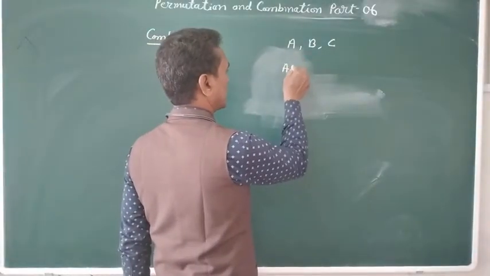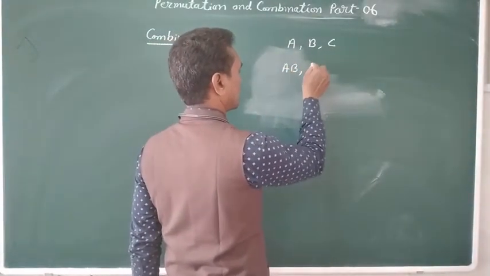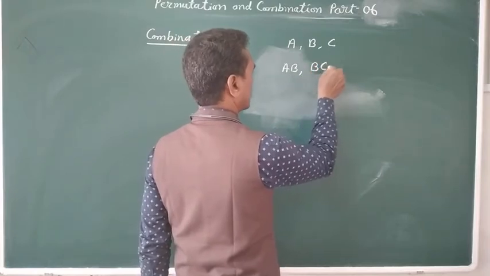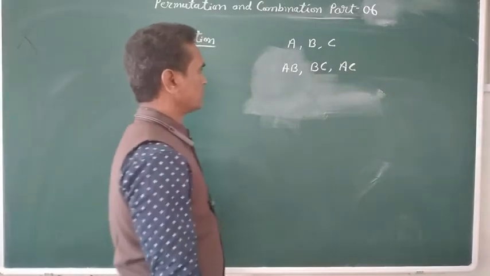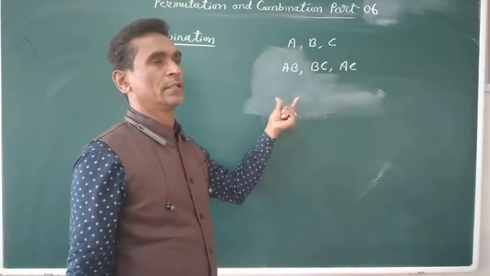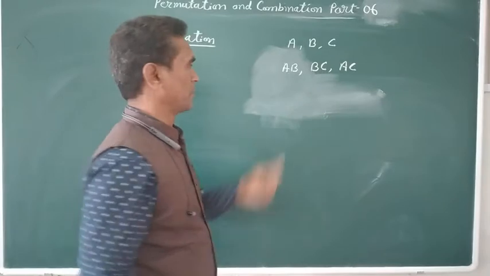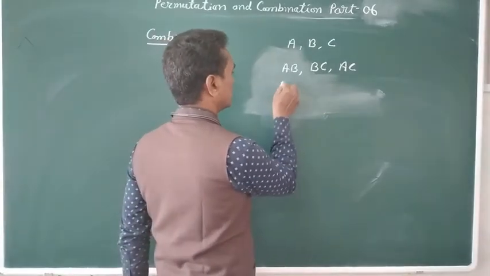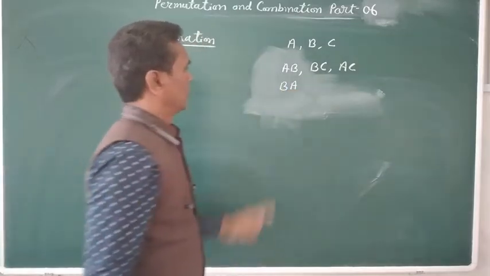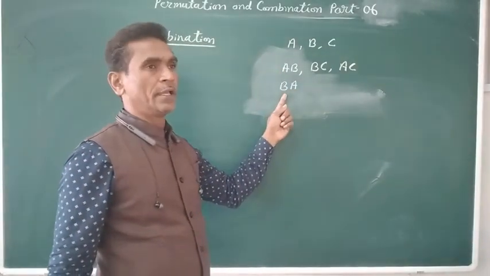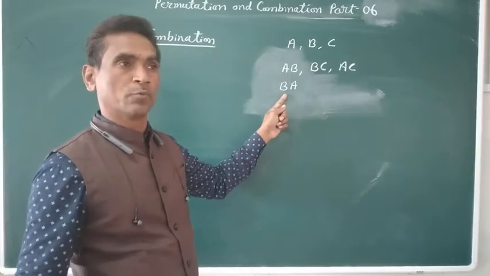Taking first and second as one group, second and third as another group, and first and third as another group. In a combination or in a group, order is not important, because if you change its order, you will get BA. So AB and BA will represent the same group.